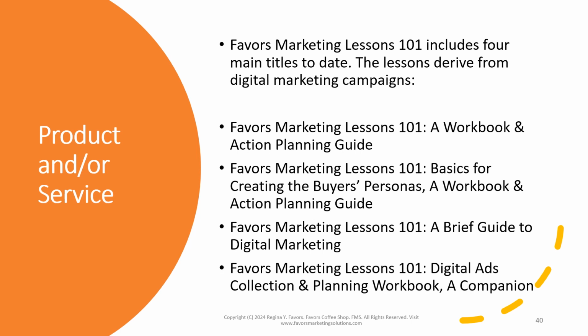I placed all of them in one book, and I created it as a workbook companion. So these are the titles. There are two more in the works, which are your logo plus brand titles. So that's your business plan basics, and then of course this sales plan. And then the third one is going to be event planning.